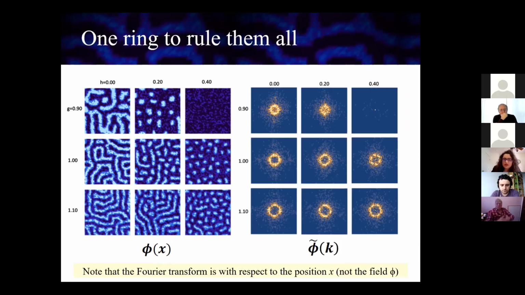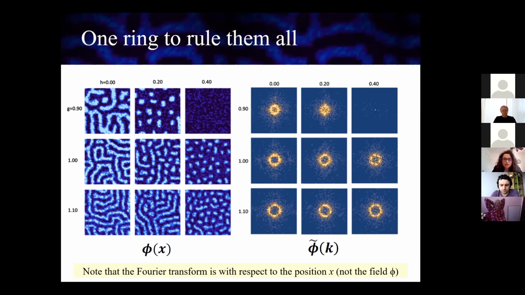So what does this mean? The microphase model tries to distinguish gnocchi from spaghetti, from lasagna, from all these other phases. But really all the patterning arises from this single ring.